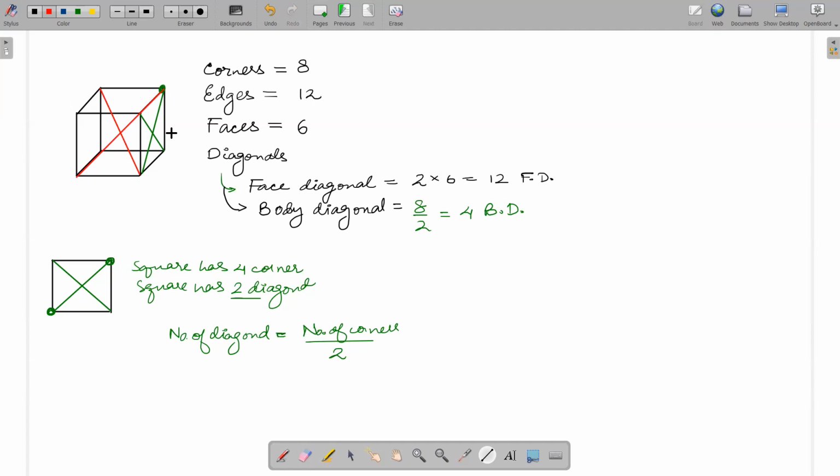Then from the top left to bottom right, similarly you can have a body diagonal like this, from here to here, and from here to here. These 2 lines, this corner to this corner.